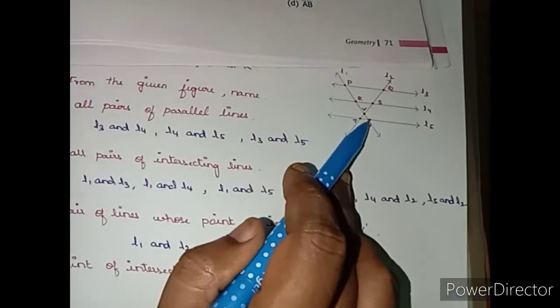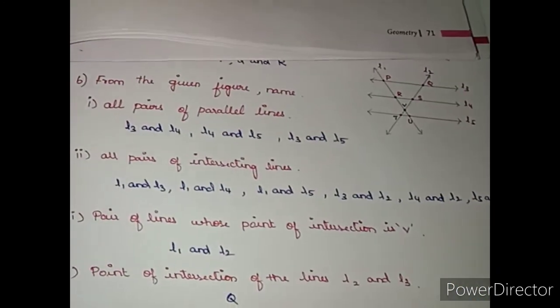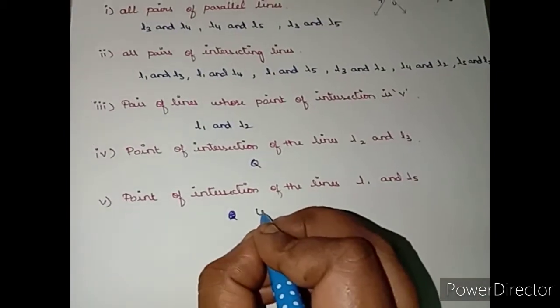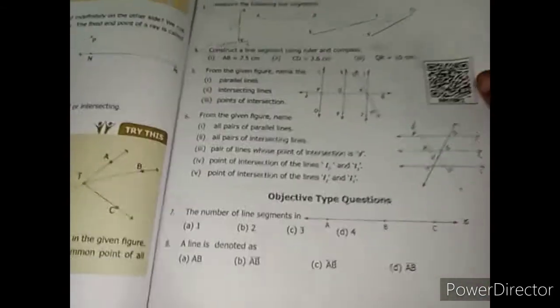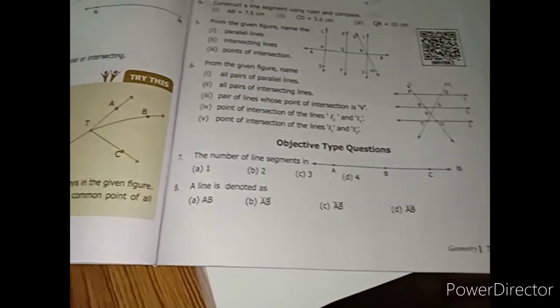See L1 and L5, it is U. Understood? So with this, exercise 4.1 is over. Objective type questions 7th and 8th will be homework for you. Okay, we'll continue with exercise 4.2 now.